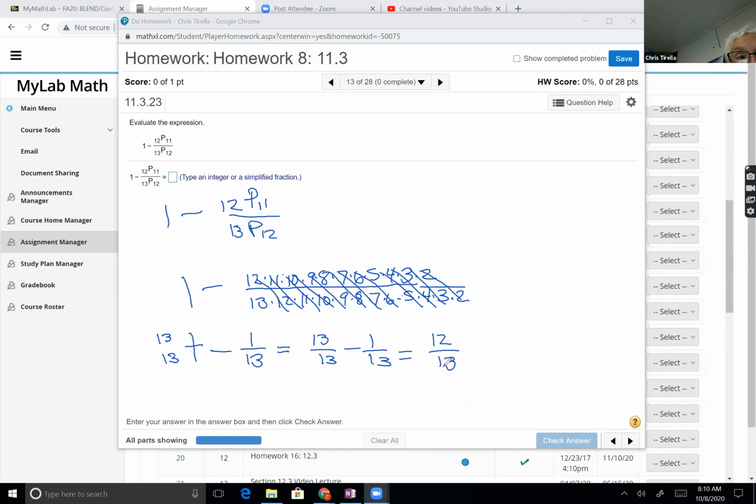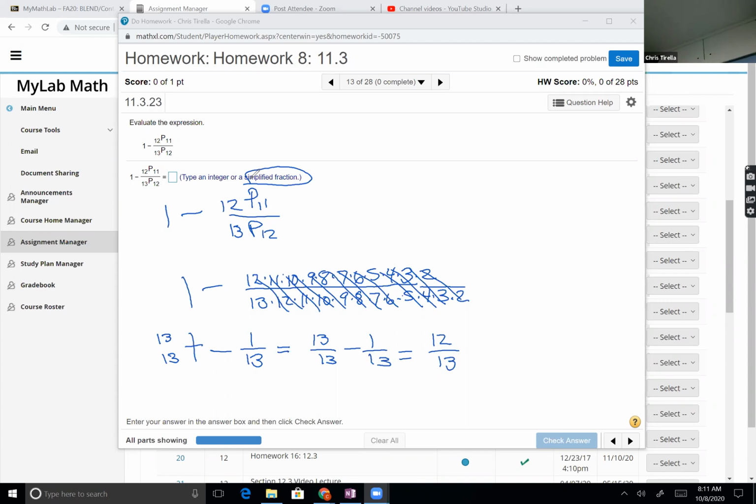Any better? So I was getting a decimal, like 0.92. Yeah, you'll get a decimal, but the problem is they don't want a decimal in a fraction. So let me give me a second. I did have a calculator on this desktop. Here it is.